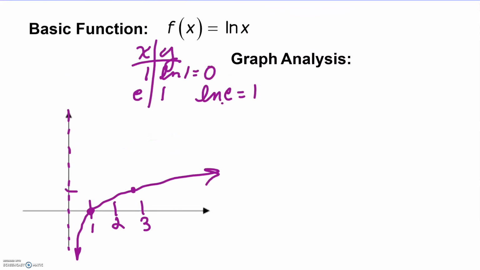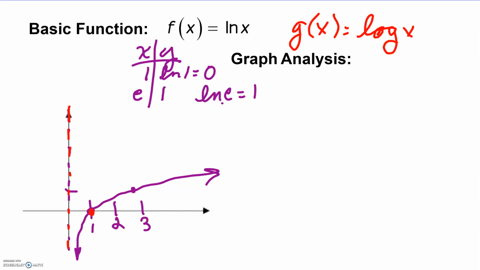Now, I actually want to compare that to another base. Let's say I have g of x equals the common log of x, common log being base 10. You're still going to have this same vertical asymptote. You're still going to have the point (1, 0) because the common log of 1 is still 0.